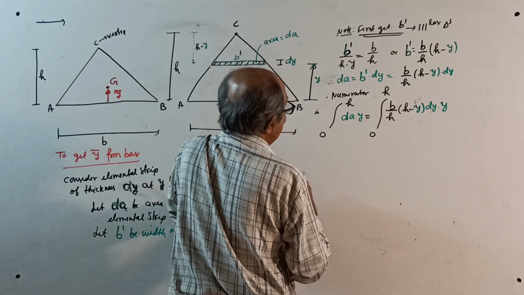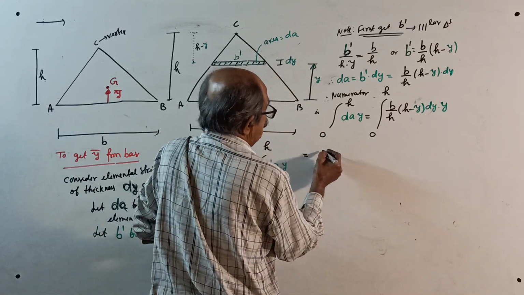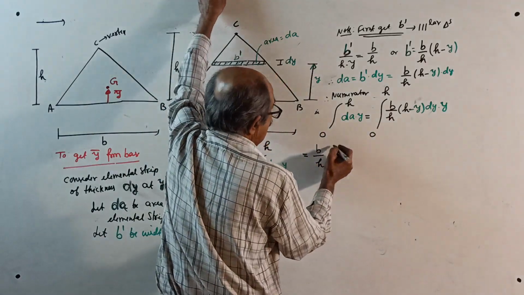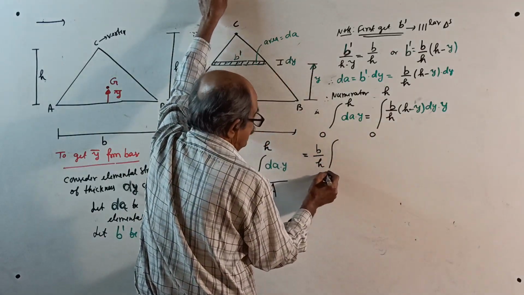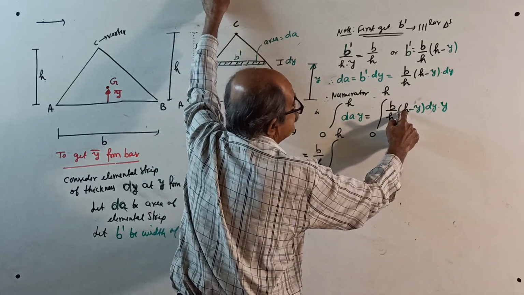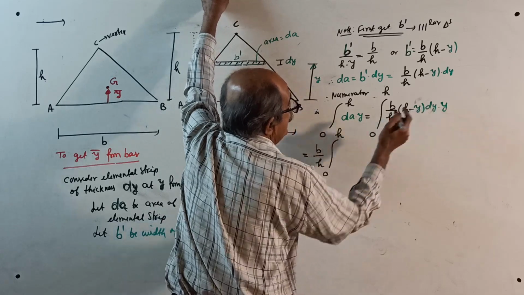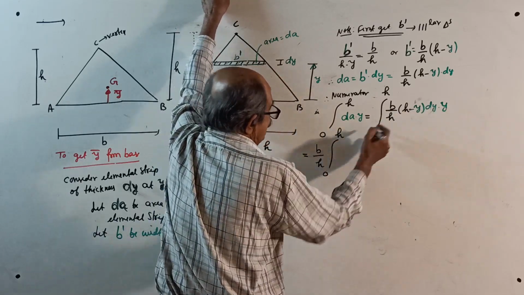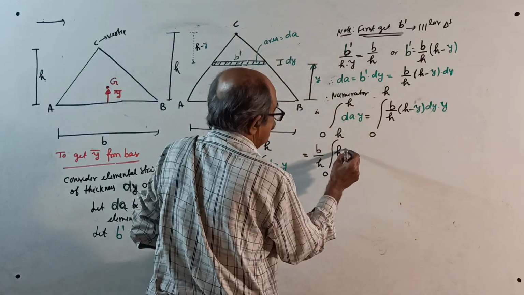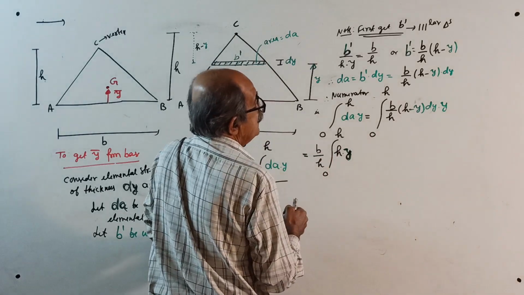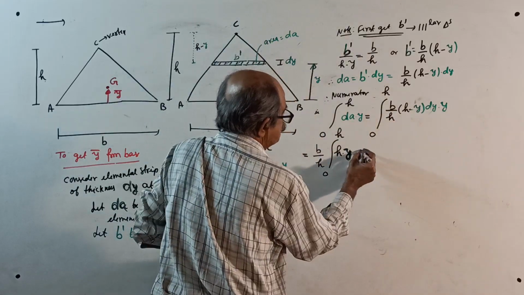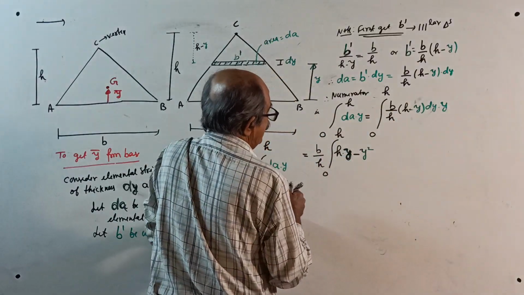You can take b by h outside as a common constant. The integration from 0 to h of h into y, minus y into y which is y square, times dy.